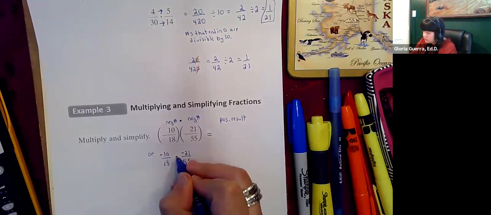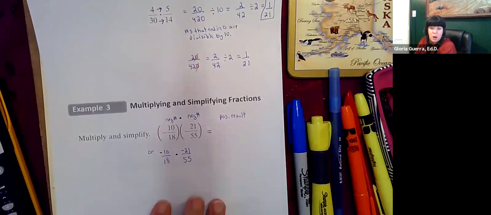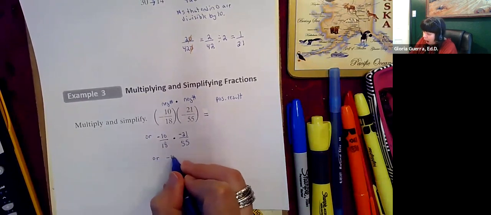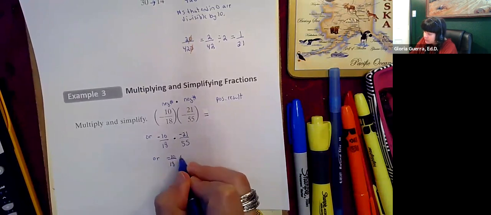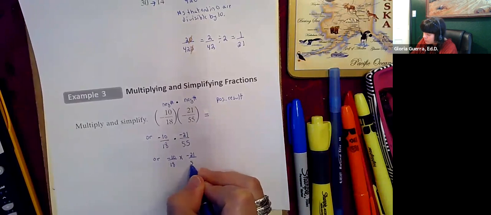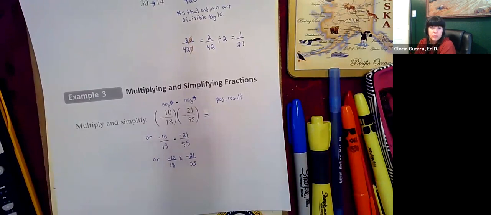They could have used the raised dot, or they could have used the little times, these little times here. Most teachers just put the negative at the top. If you put them at the bottom, they're concerned you're going to forget about it. So most of them just rewrite it at the top if it allows that.